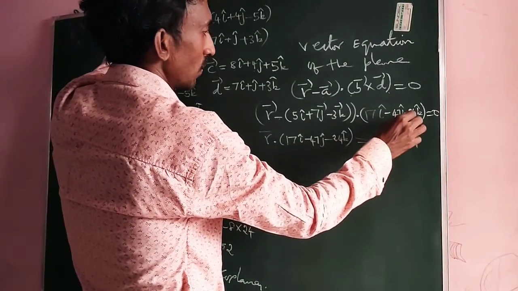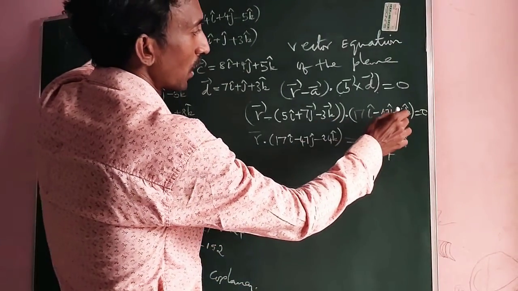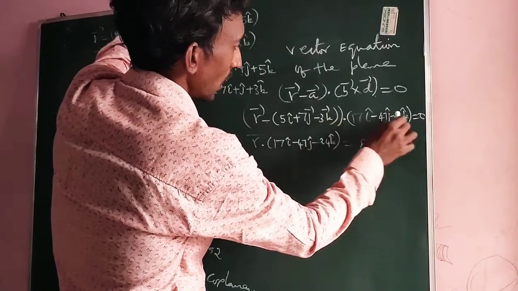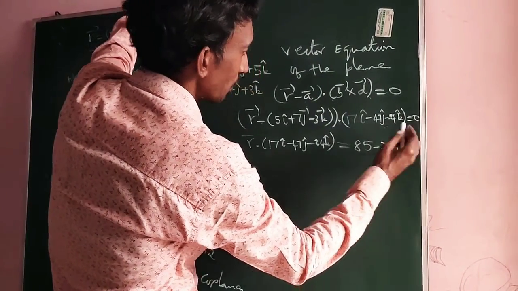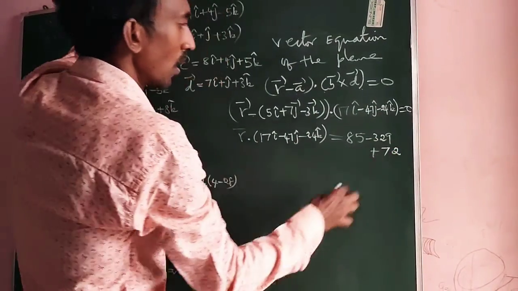Minus into minus gives plus: 3 into 24 is 72.